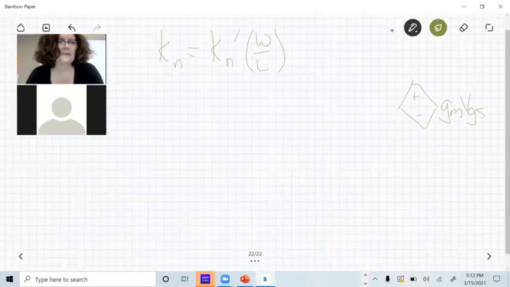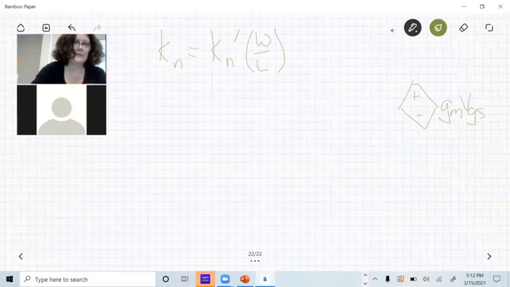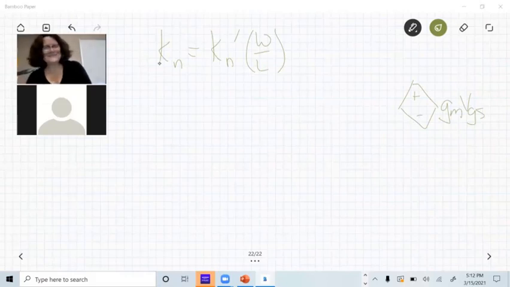GM is a conductance, and it shows up in lots of places in transistor theory. Yes, mhos. Sorry, I'm going to have to get out my Mhos law sign. Nobody remembers the Three Stooges, though, so it doesn't help.